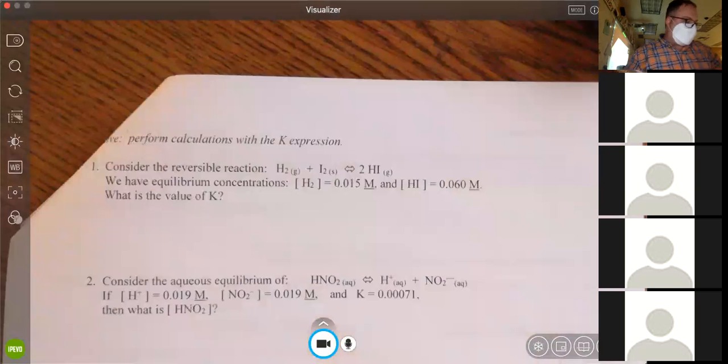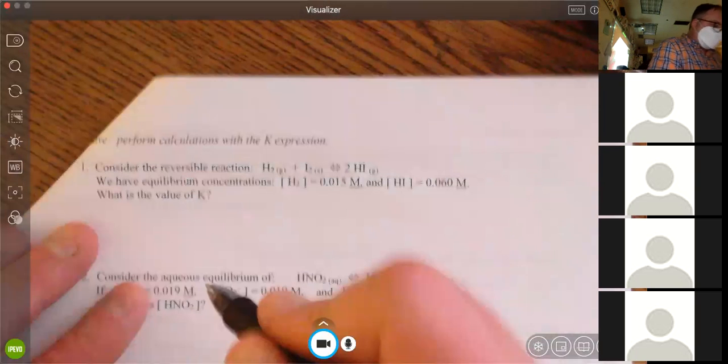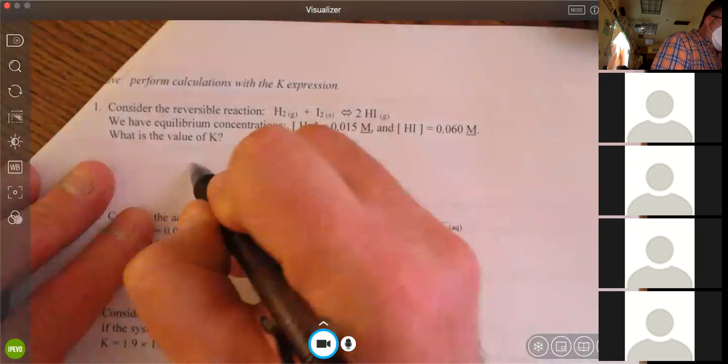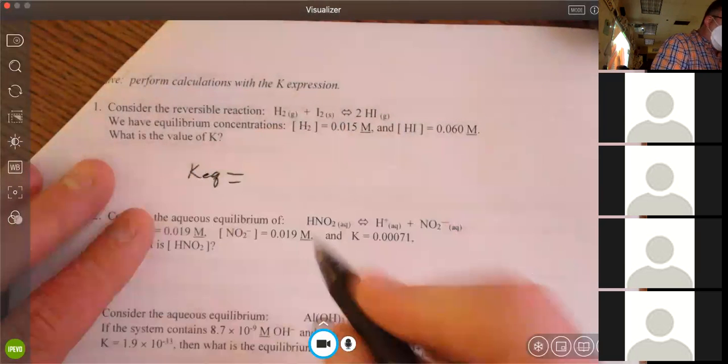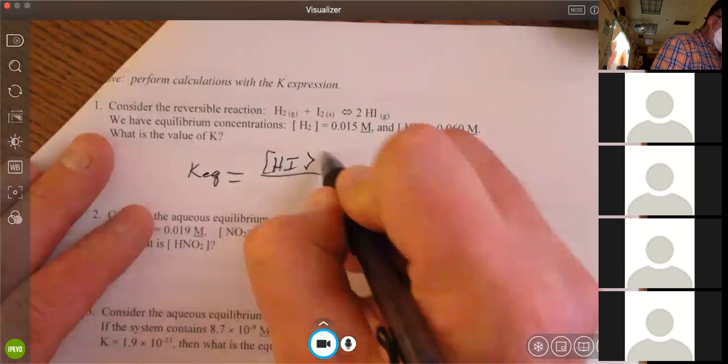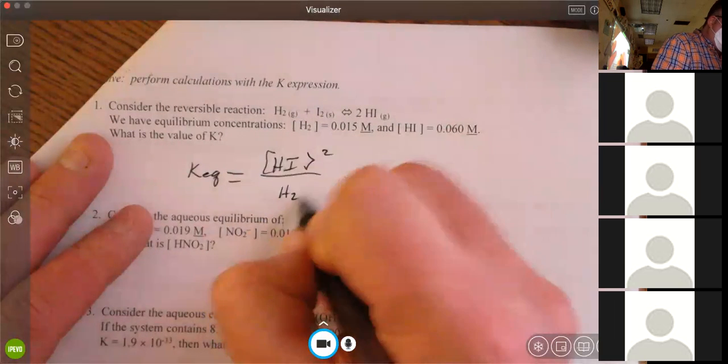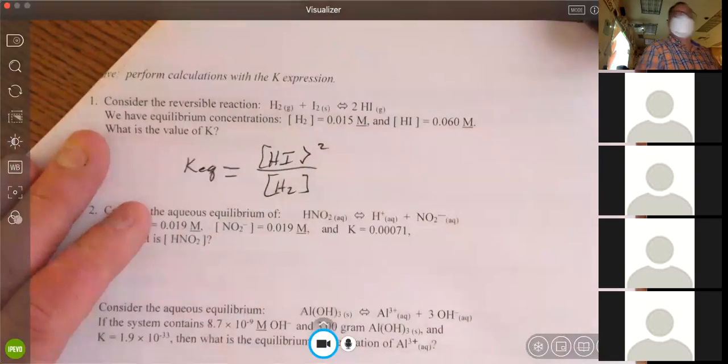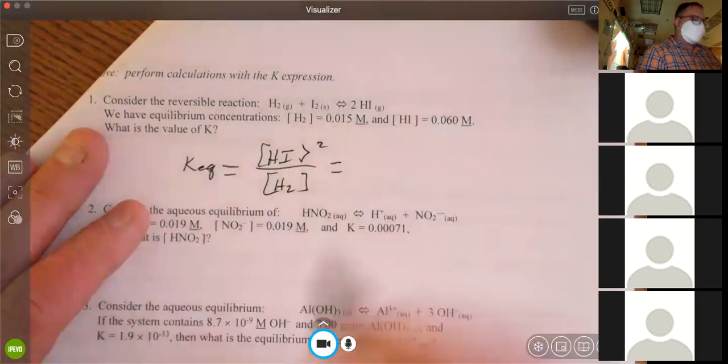So let us put some math to it. K sub EQ, we did this one just a few seconds ago. We have HI up top squared, and we have H2 down at the bottom. Who are we not including? The iodine, solids.